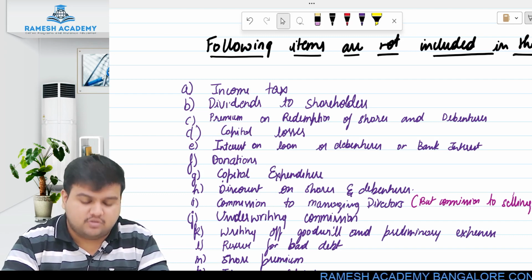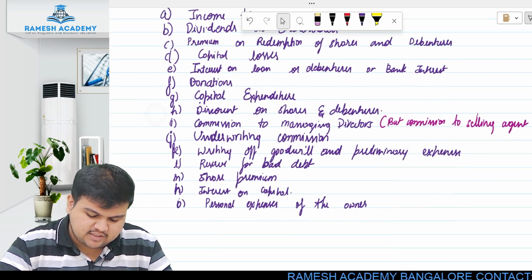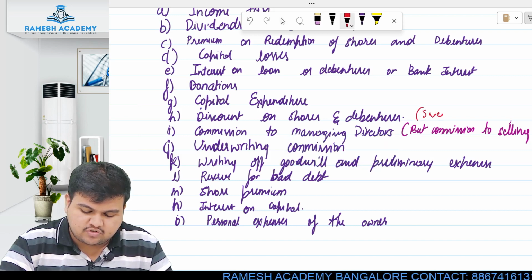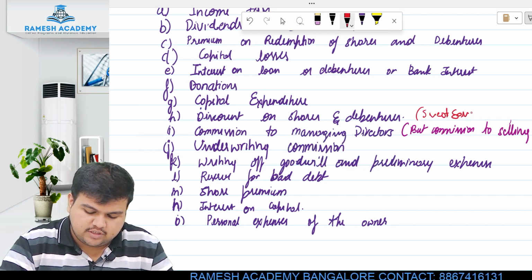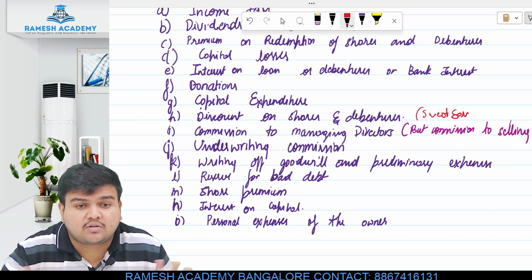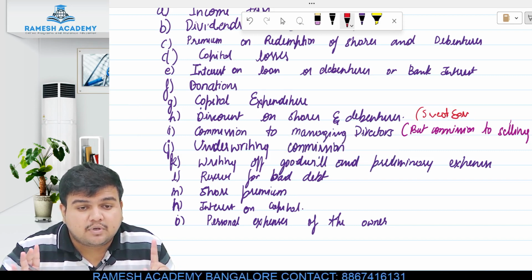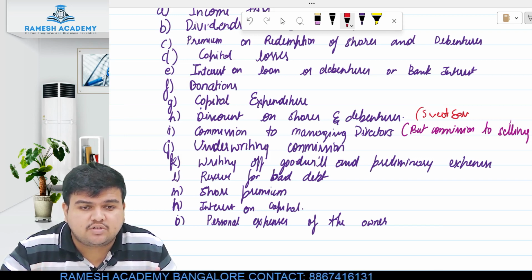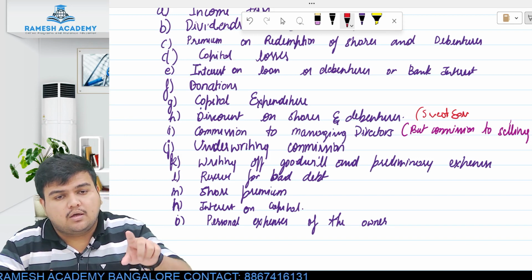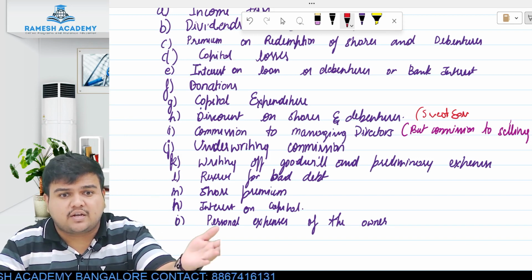Okay, interest cost. So donations, capital expenditure, discount on shares and debentures, that could include sweat equity also. But commission to the managing director for achieving the sales is not includable, because the managing director's duty is not to increase the sales. His duty is to look after the running of the company.